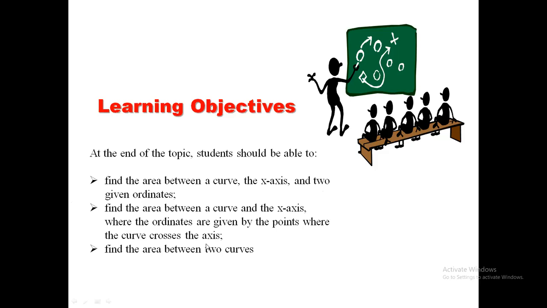Wherever your curve or function crosses the x-axis, that would be the endpoint or limit of that particular area. So it's very important that you know how to find the point of intersection of your function, that is your curve, and the x-axis.